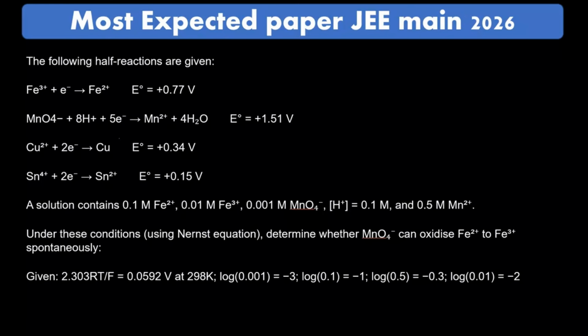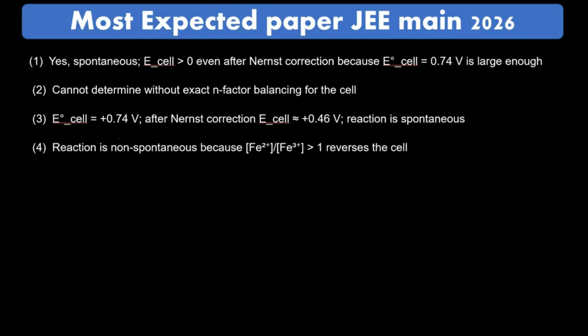In this question, the following half reactions are given: Fe3+ and copper, tin. The solution contains this one, and under these conditions, determine whether MnO4 minus can oxidize Fe2+ to Fe3+ spontaneously. Okay, so that's what the question is. We have to find the answer.